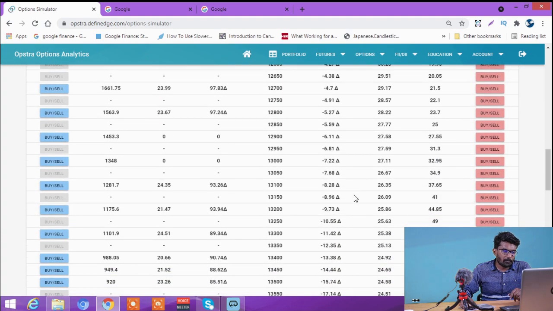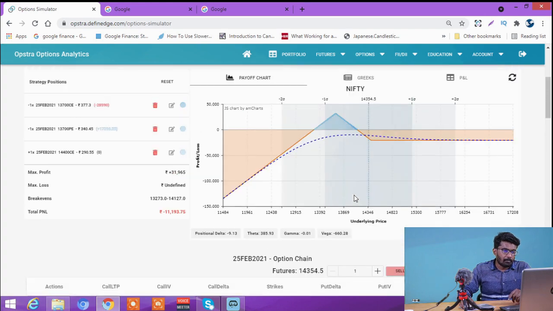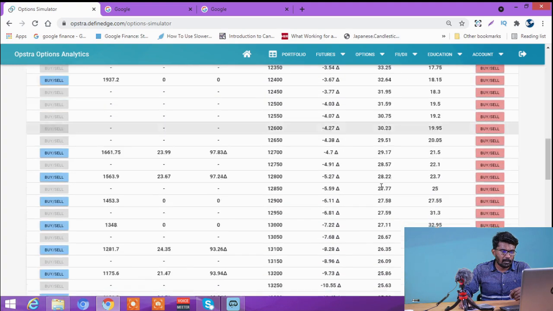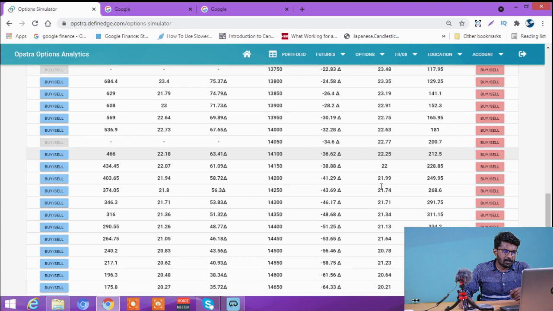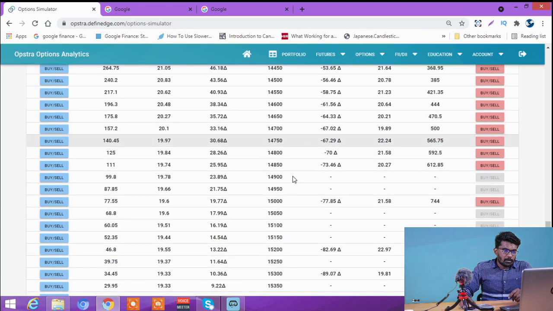Next, you have to sell one more straddle. The market is around 14,350. We sold a straddle at 13,700. The market has rallied, it is super bullish, so it has come to 14,350. Now we will sell one more straddle, an out of the money straddle. So you don't have to worry about this.